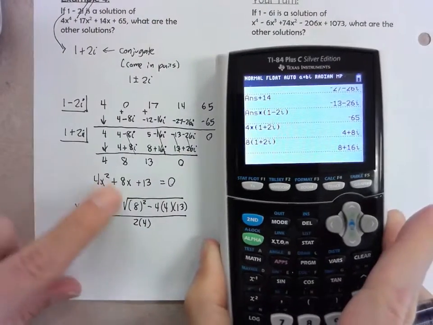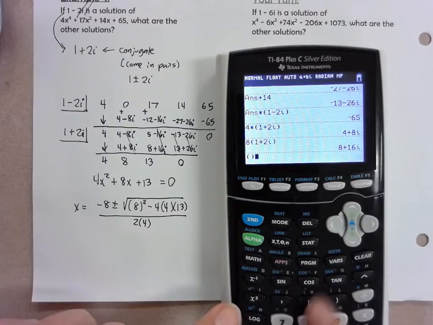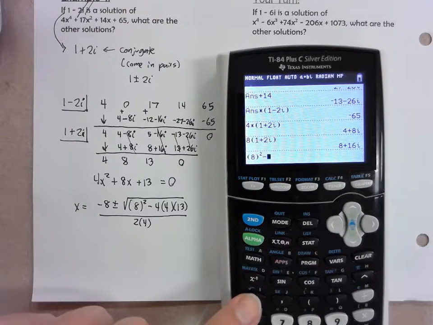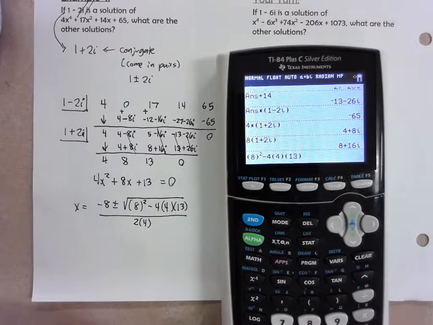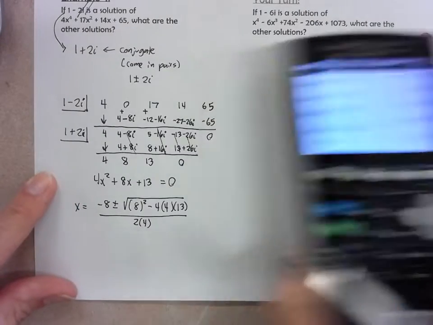And let's double check underneath the square root sign what we get. So negative 144.